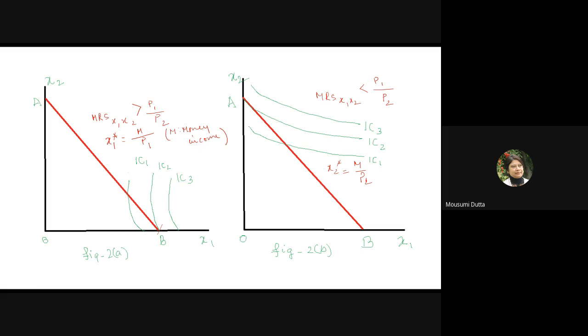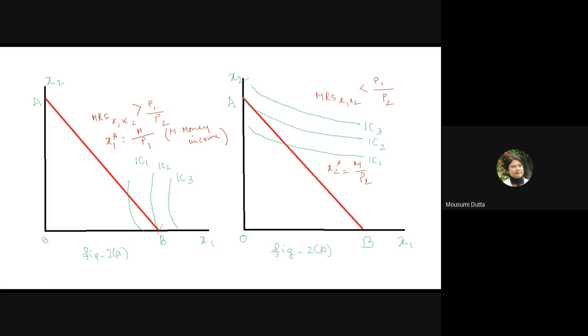Okay. Now, next, let's consider 2B. Any question? Ma'am, can you repeat the last line for the note? Okay. So B is only a point of contact, not a point of tangency.